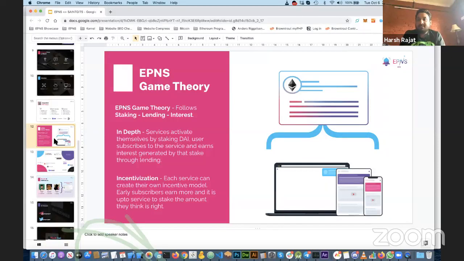So yeah, the game theory. We spoke about incentivizing the user, and this is where game theory and DeFi come in really handy. Again, the win-win scenario: if you're talking about game theory, we have services as one of our players and users as another.